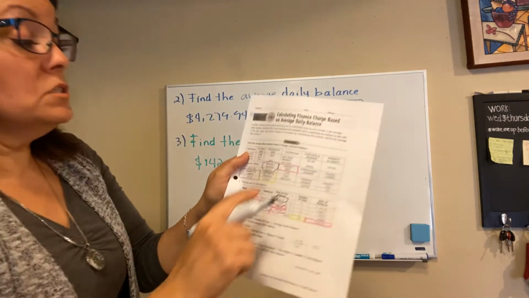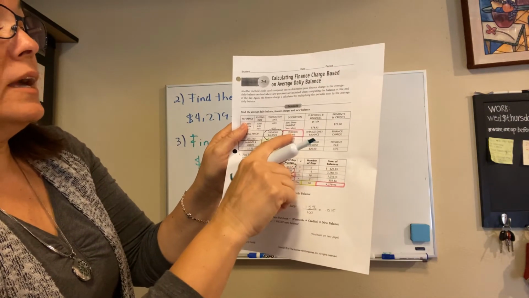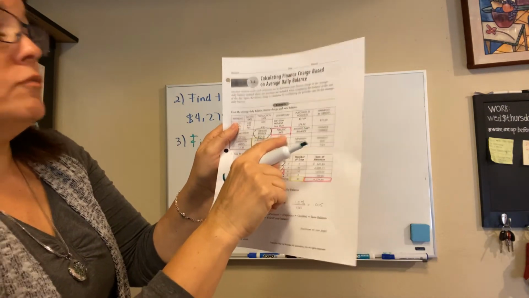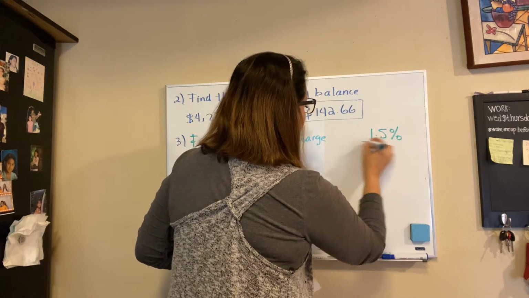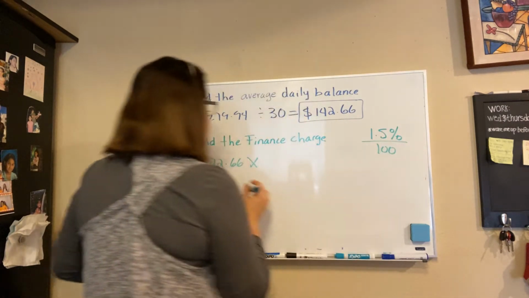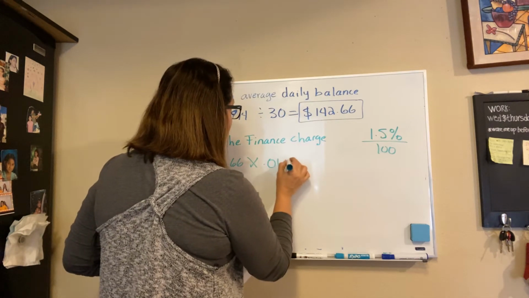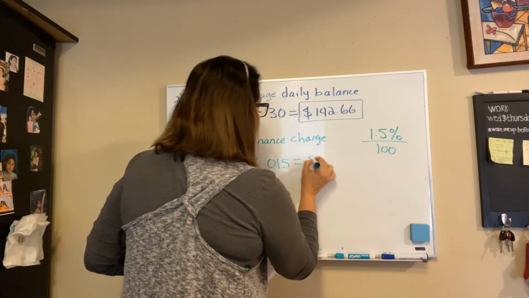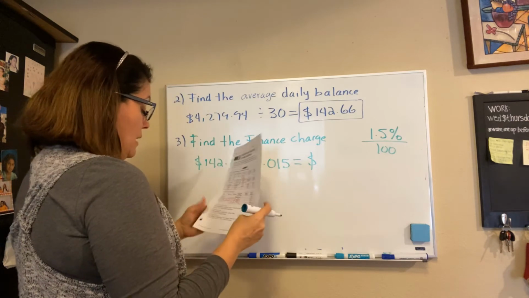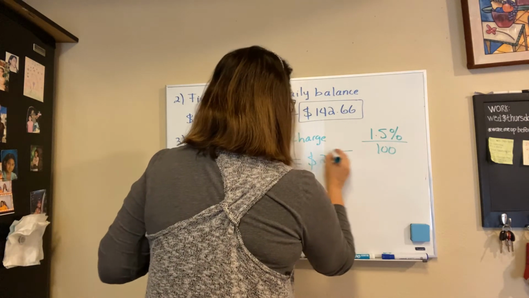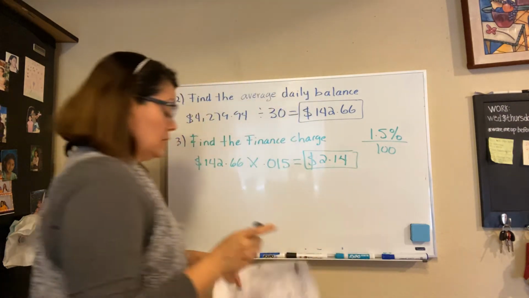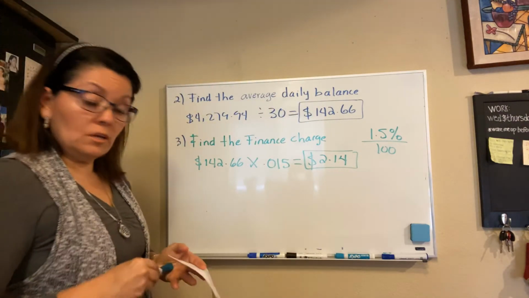It is going to tell you here, the periodic rate is 1.5%. Because it is a percentage, I'm going to divide by 100. So it's going to be 0.015. Okay. So what is the finance charge? It is 2.15. Okay. So you guys are doing okay?